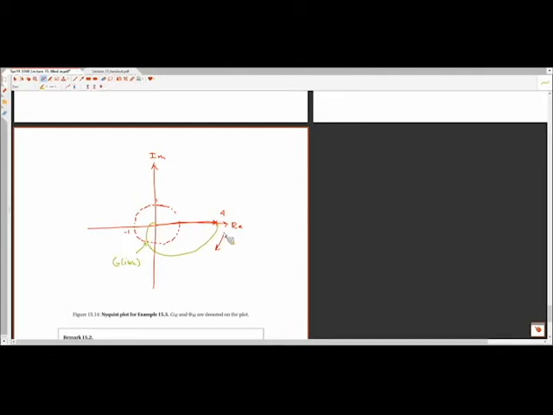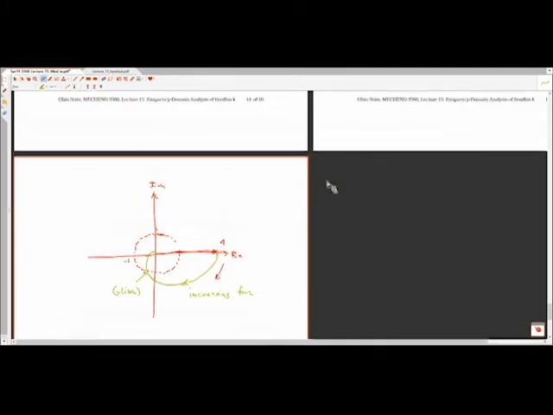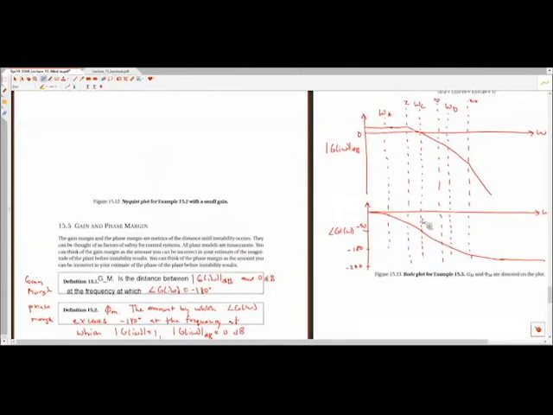Dan: How did we initially determine what's moving clockwise? Okay. So this is increasing frequency. All right, so if we look at this, we have phase information that's continually decreasing.